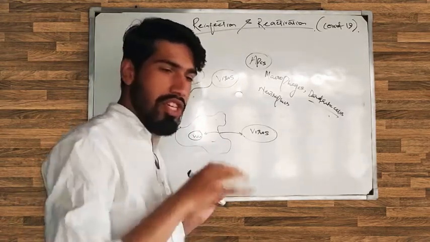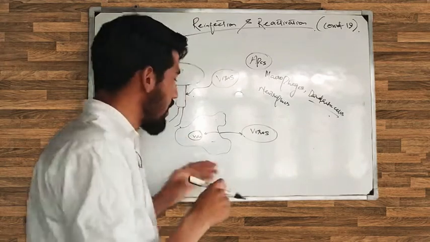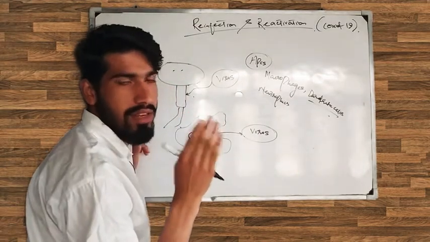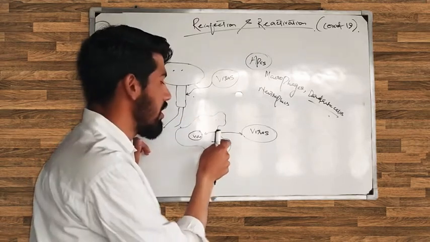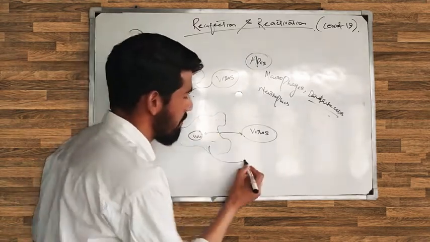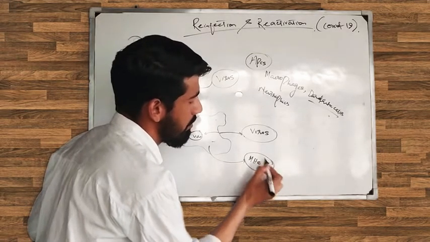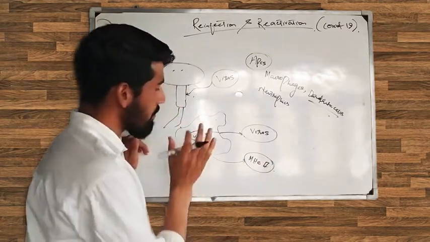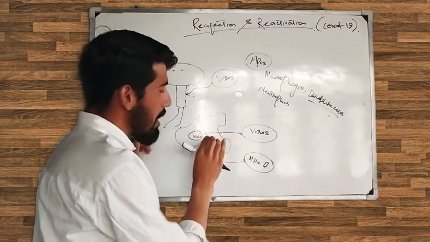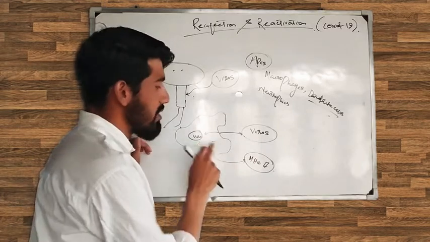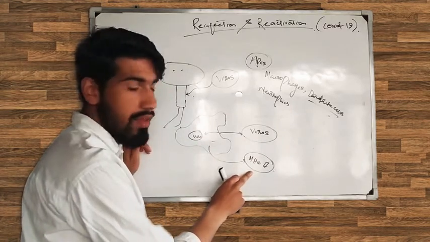The macrophage destroys it. Inside the macrophage there are specific molecules present, called MHC class 2. When the macrophage engulfs and destroys the virus, the MHC class 2 is there.